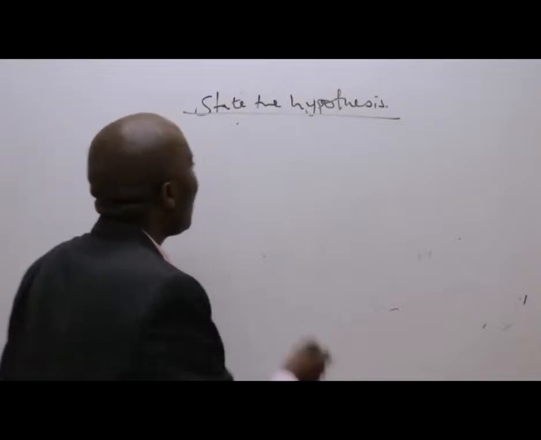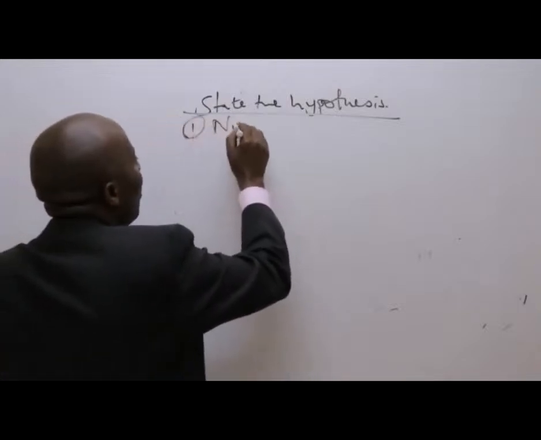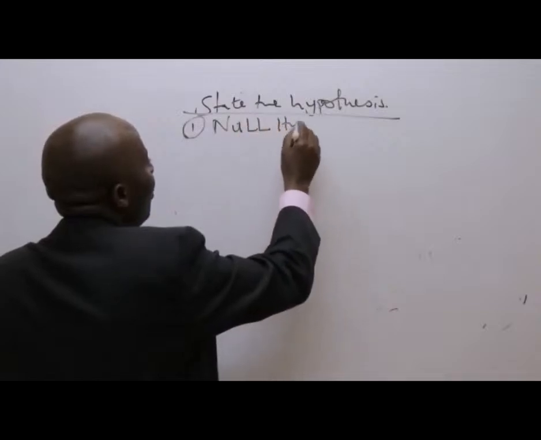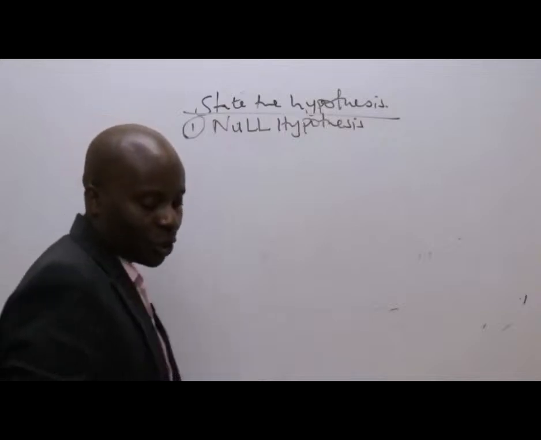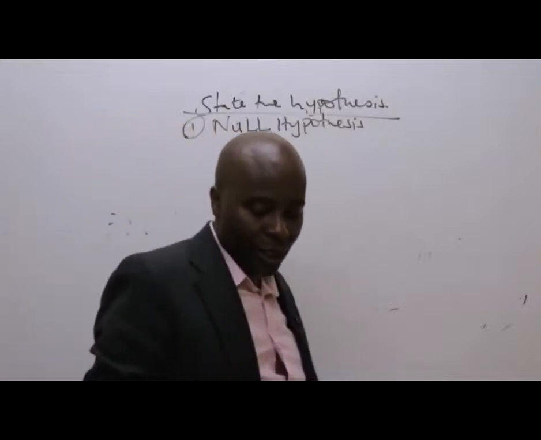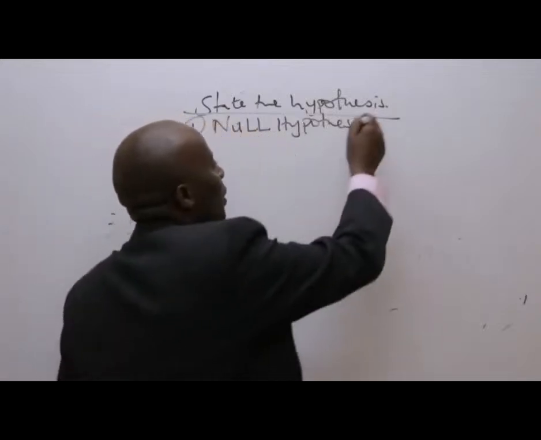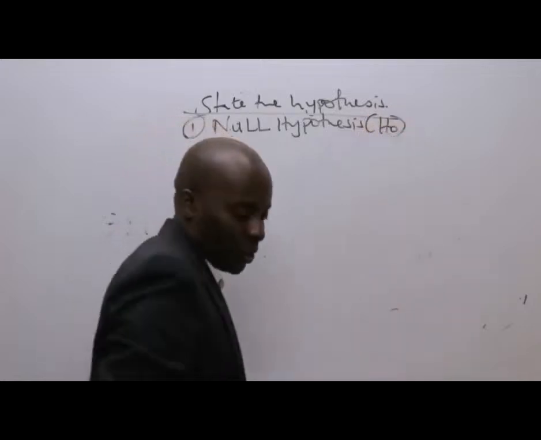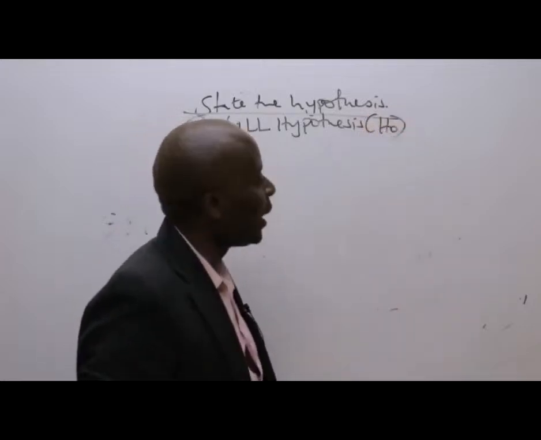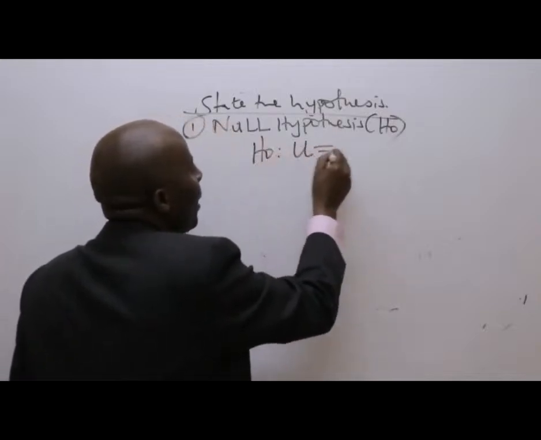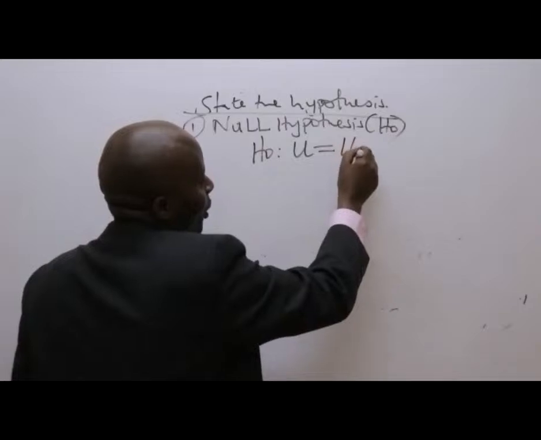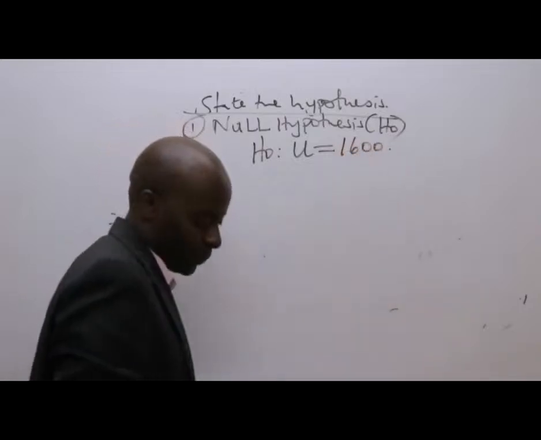The first claim being the one of the null hypothesis, which we shall be abbreviating as H0. My null hypothesis says that my U will be equal to 1600.